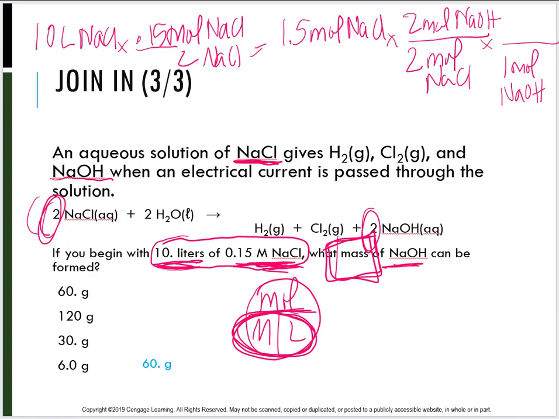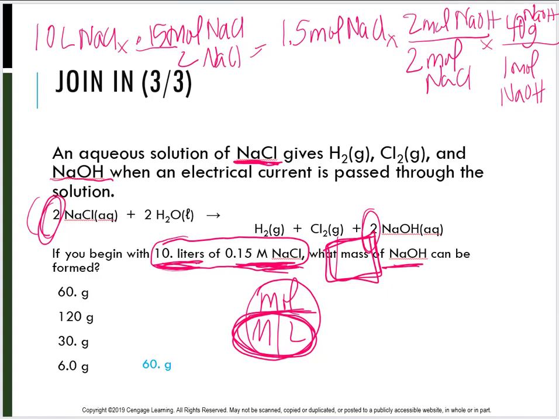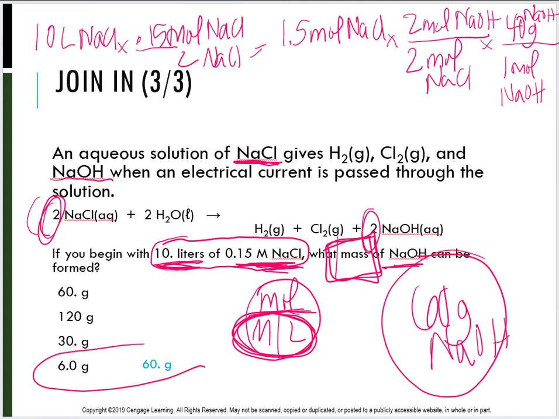We need to find the molar mass of 1 Na, 1 O, and 1 H, which should be 40 grams NaOH. So we're going to do 1.5 times 2 times 40, all divided by 2. And we should get 60 grams of NaOH. Oh, not that one. This one.